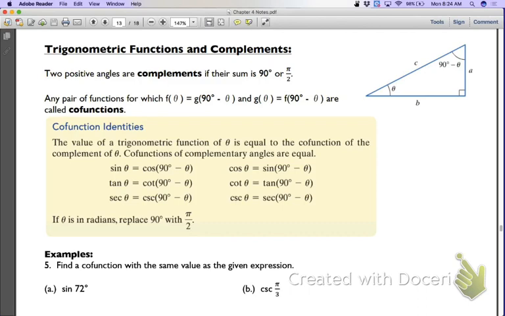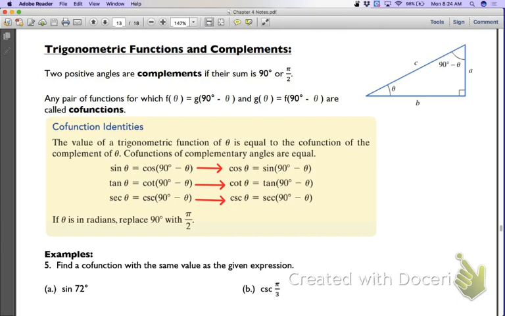Basically what that means is if you take sine of a value, whatever your angle measurement is, it doesn't matter if it's 72 or pi over 3, the cofunction of sine is cosine, whereas the cofunctions are also tangent and cotangent, and secant and cosecant. It's in the word, right?